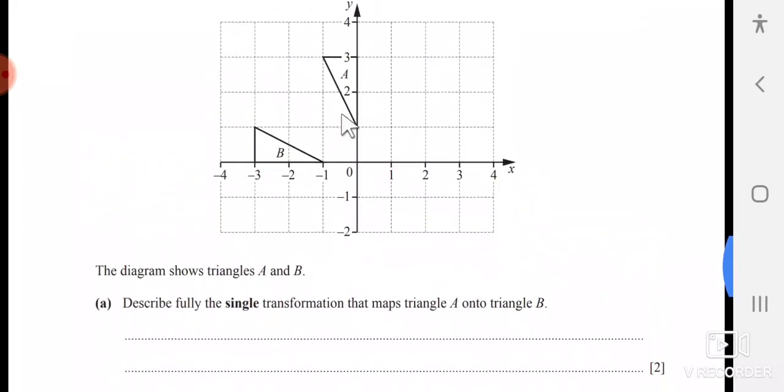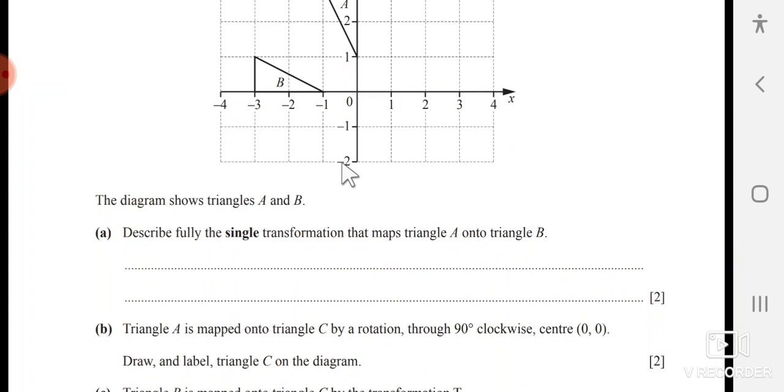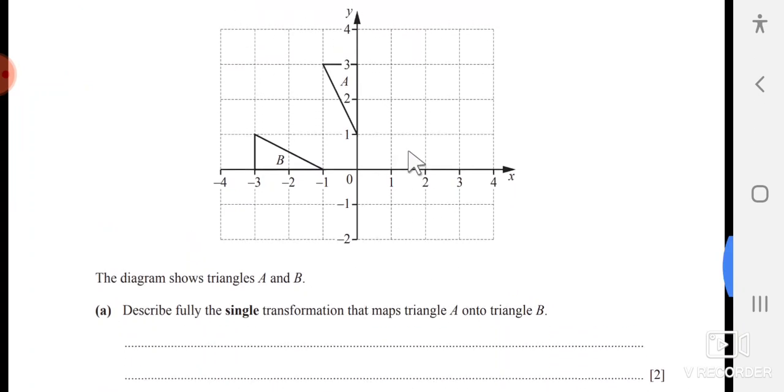Now a simple question once again. Describe fully the transformation of triangle A onto triangle B. Look carefully. If I draw this line like this halfway, this makes symmetry, so this is a line of reflection. So give your answer as reflection, and the line equation would be y is equal to minus x.